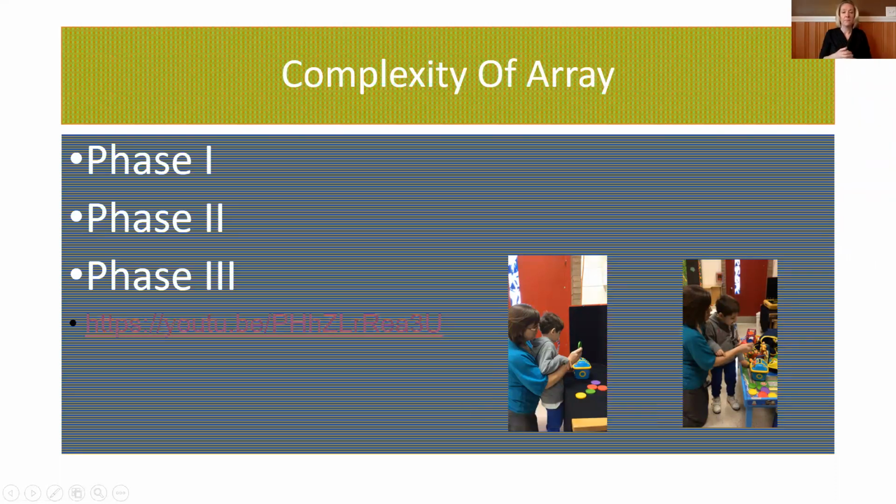So we're going to see Ben with the same toy in school. And I have it set up so that the array is a simple black background, and on the table is a simple black cloth.